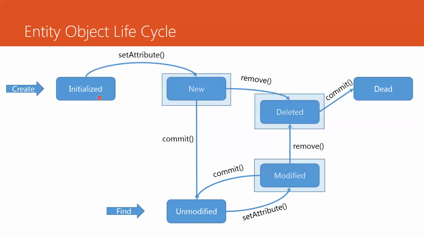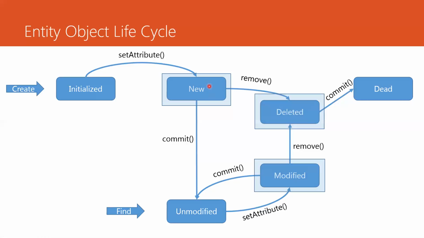Then, suppose you have a default setting or you have modified some value, again some set attribute gets called. If any data has been set on the initialized object, it moves to new status. When it moves to new status, again the framework is interested in that, because if it is a new record, we have to execute a create command on the database.